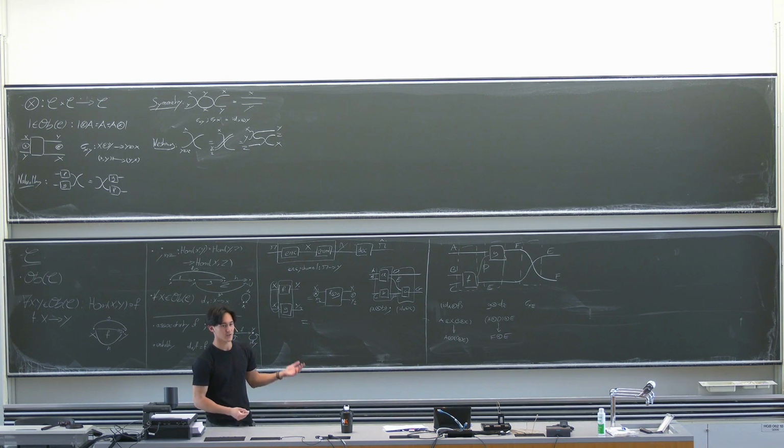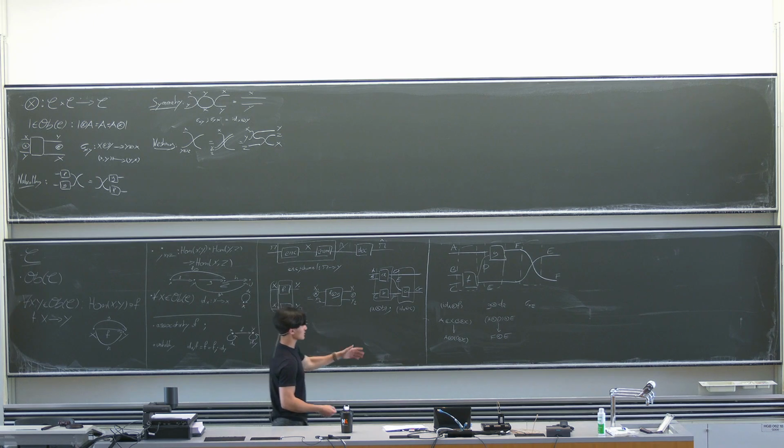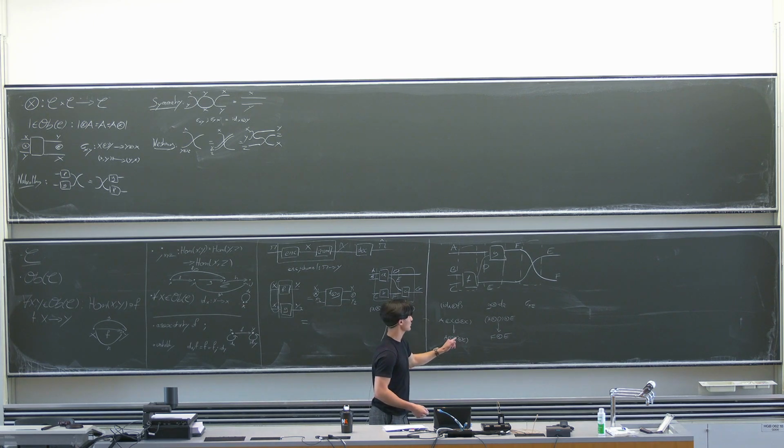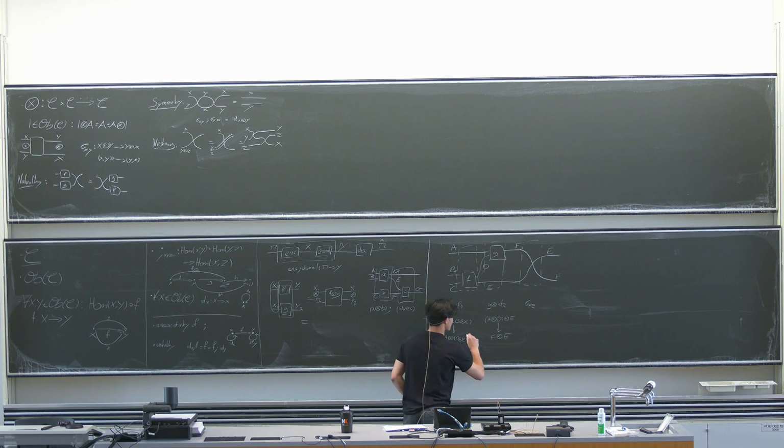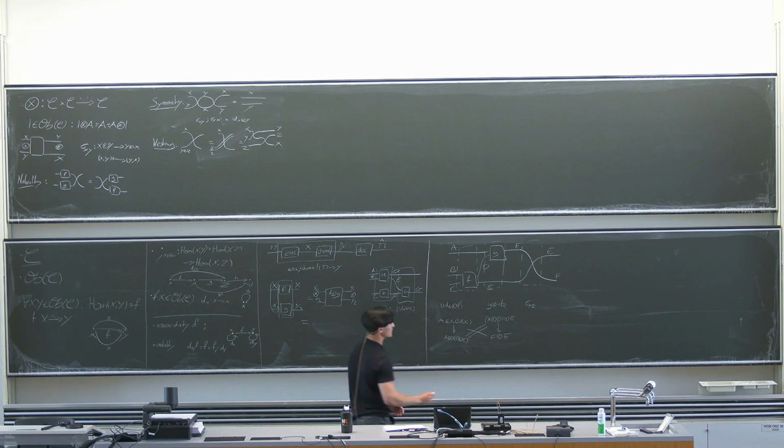We would want that to at least work, right? Does this work with sets? Can we compose this guy with this guy? The answer is no, because these are not equal.